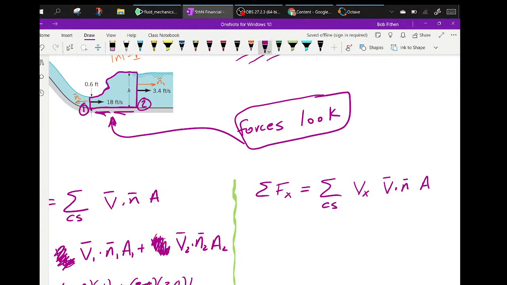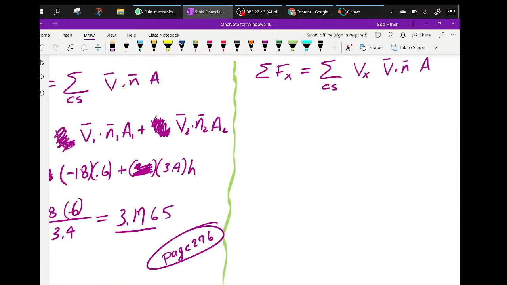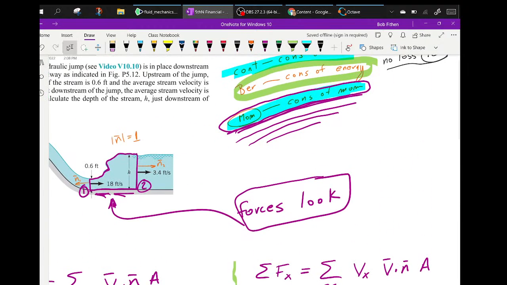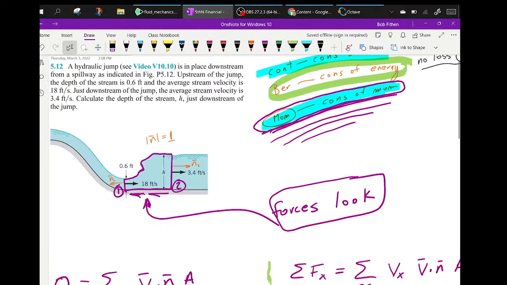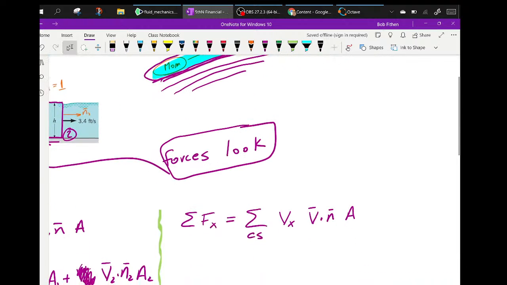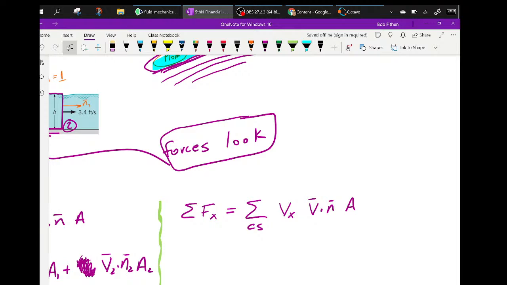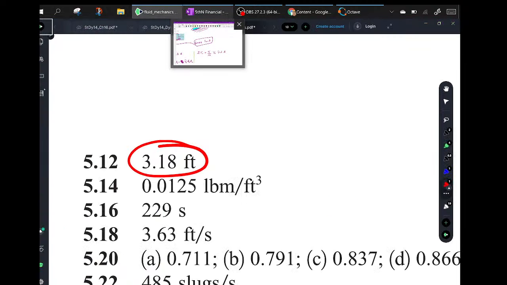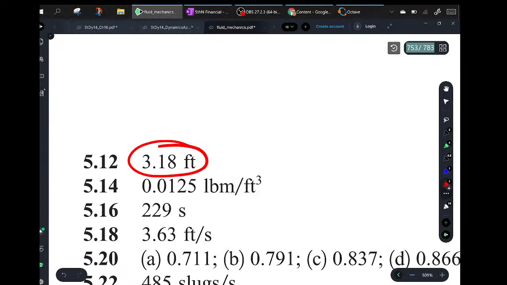What is the implemented forces in the x direction? Well, now that I've got this answer, it's 3.1765. I'm going to copy this equation down to the right, and I'm going to recopy.